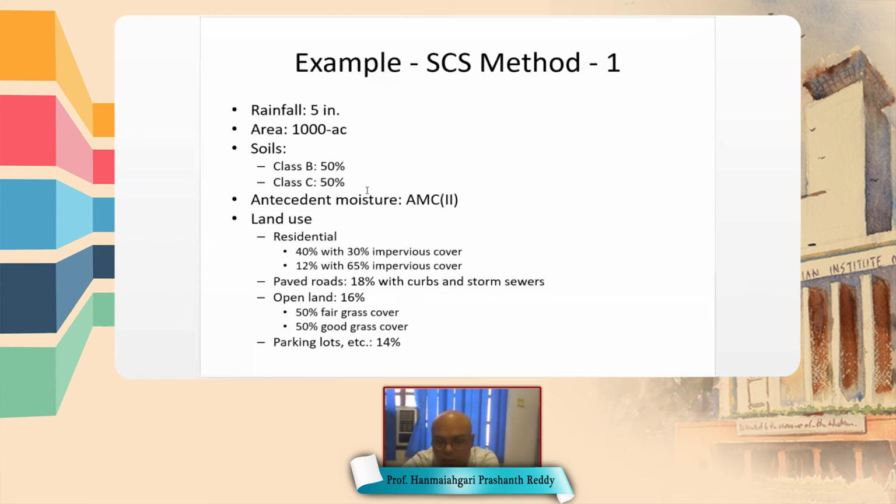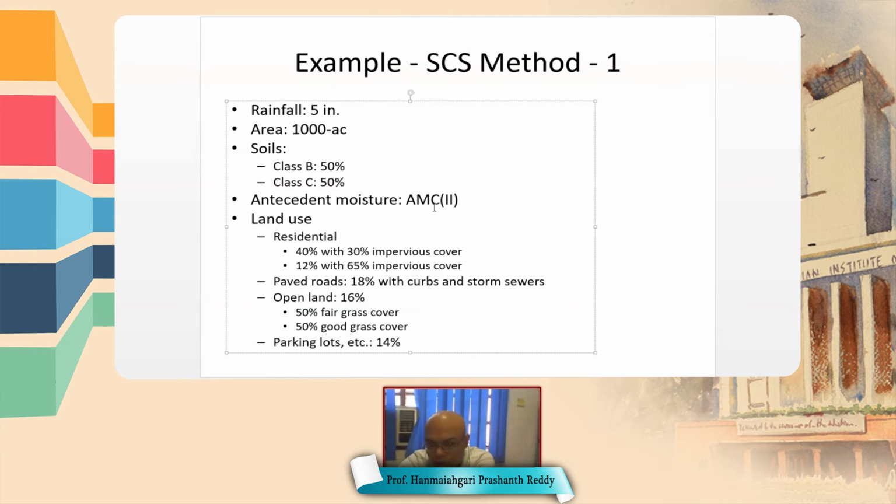Here there is another example. Rainfall is 5 inch. Area is 1000 acres. Soil class B is 50%, class C is 50%. Antecedent moisture condition is type 2. Look at this, because the SCS curve number table that is given is for antecedent moisture condition type 2.